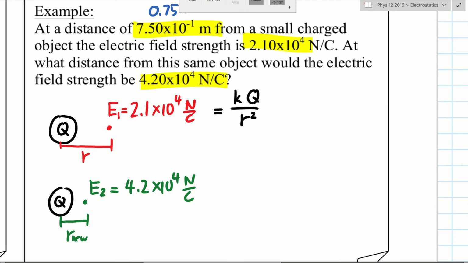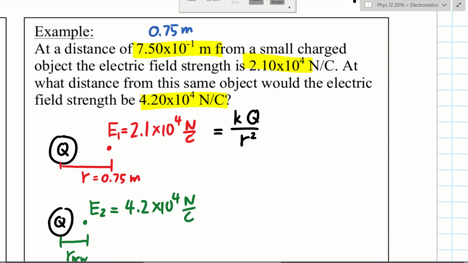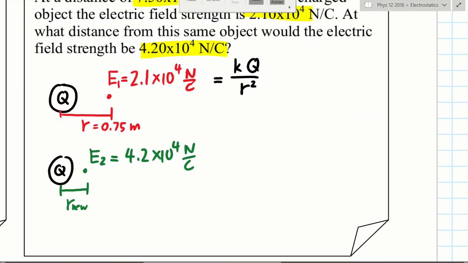The old R is 0.75 meter. Now, the new one. We know that the new one is the same K, same charge, but over the new R squared. So we know that the new one is going to be like this.